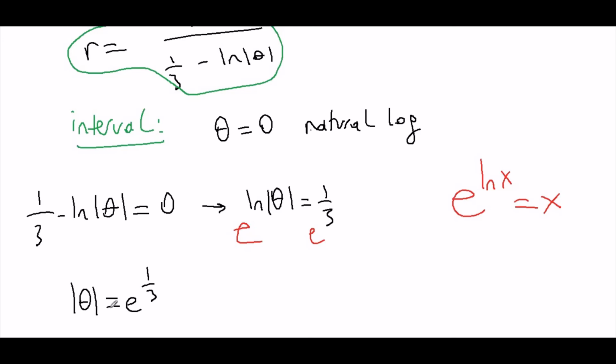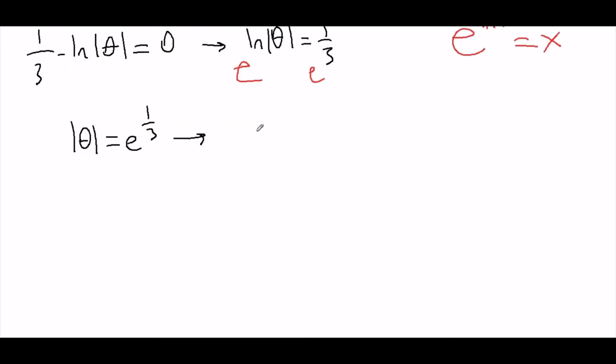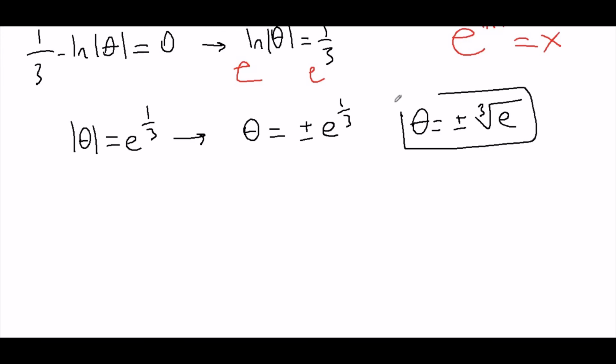And if we get rid of the absolute value sign, then theta will be equal to plus or minus e to the 1/3, which is theta equal to plus or minus the cubic root of e. So these are the critical points.